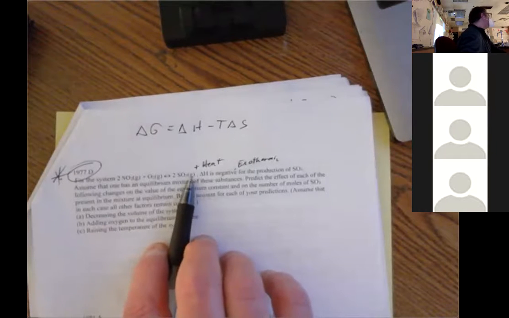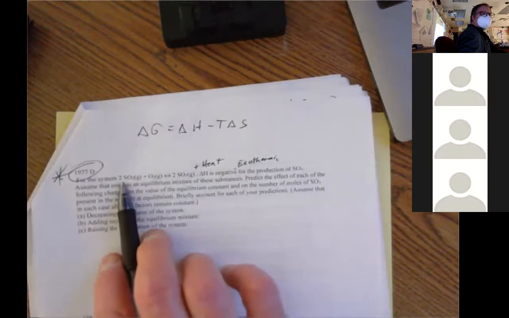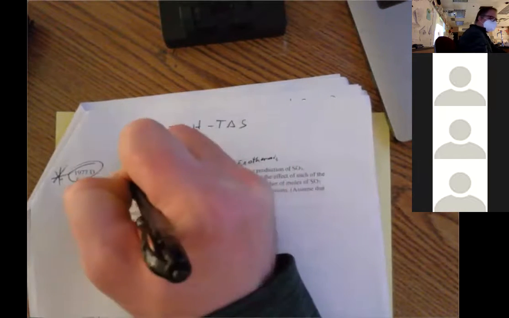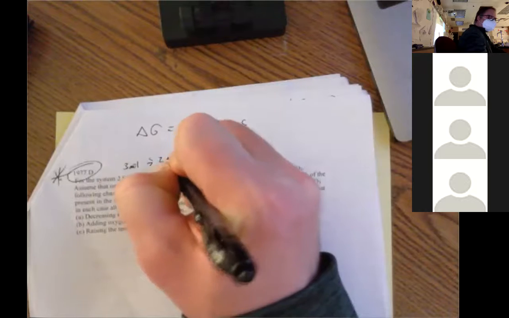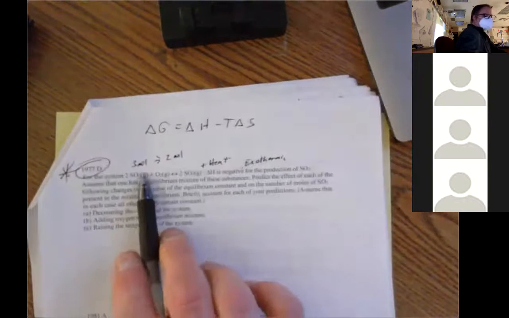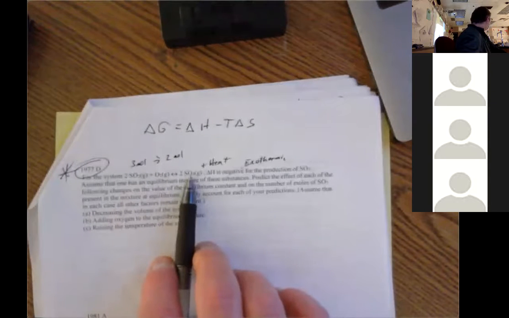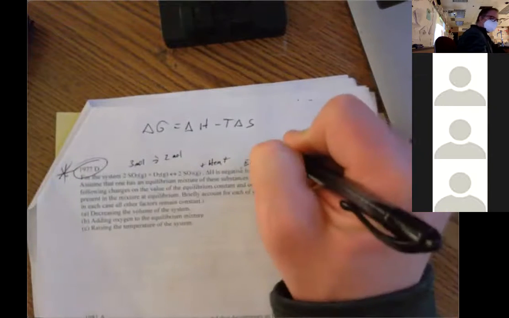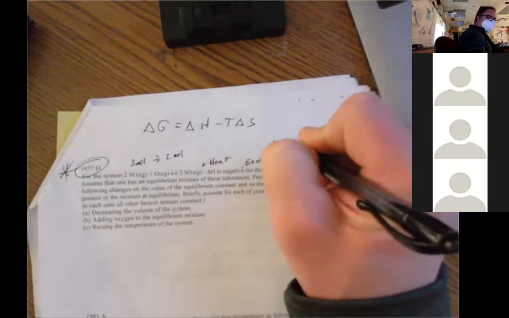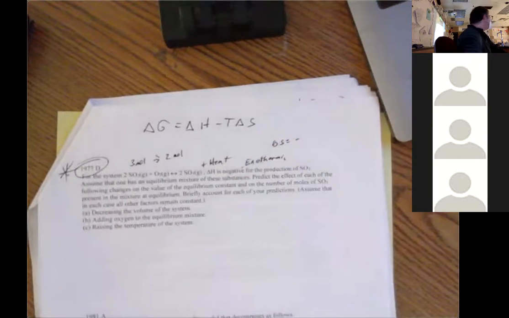Probably the number of moles. So on this side, we have 2 + 1 moles. And on this side, we're going to 2 moles. So that is actually going down. That means it's becoming more organized. So that means that delta S is probably negative as well.